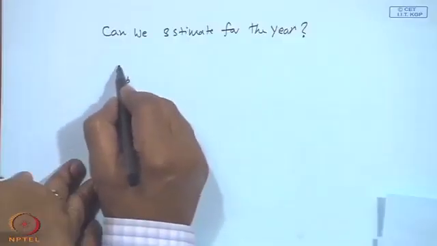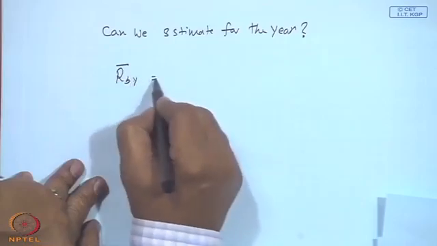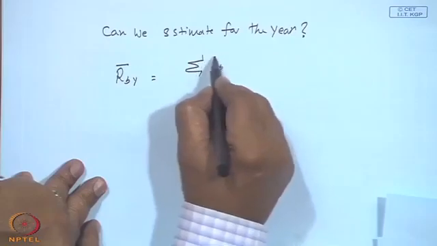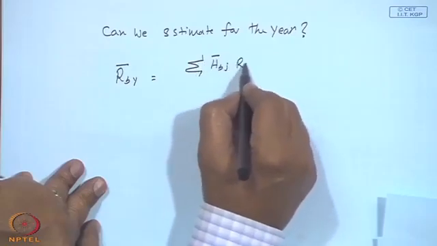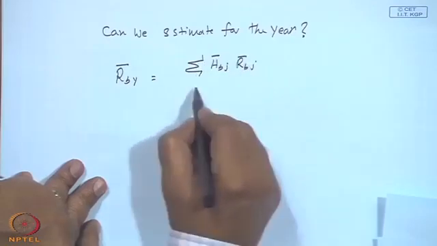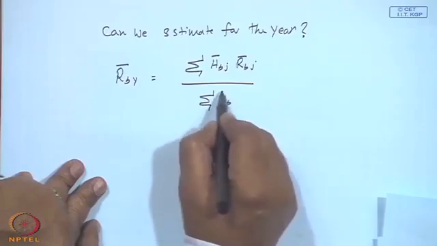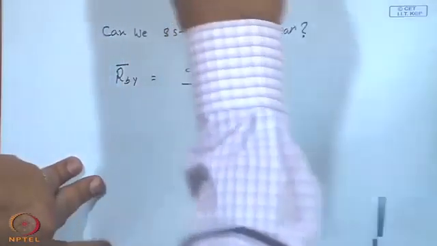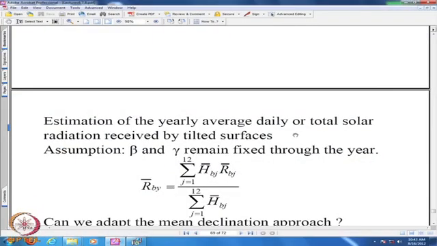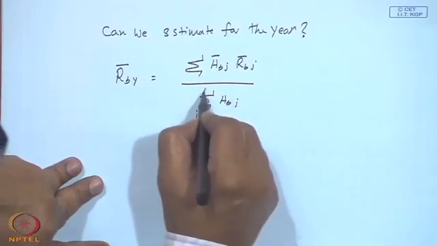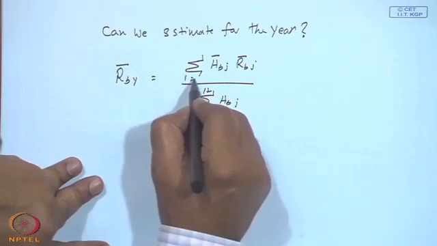So, my R B bar y for the year should be the sum of H B bar j R B bar j by H B bar j, where j is equal to 1 to 12 for the 12 months.